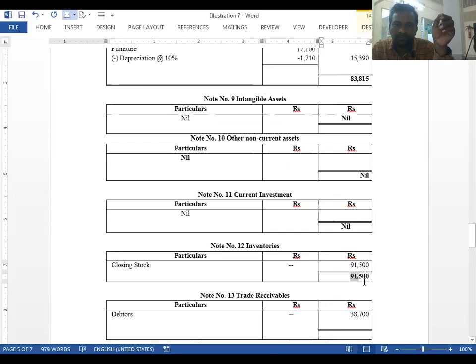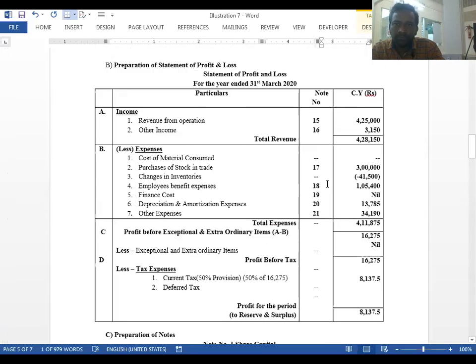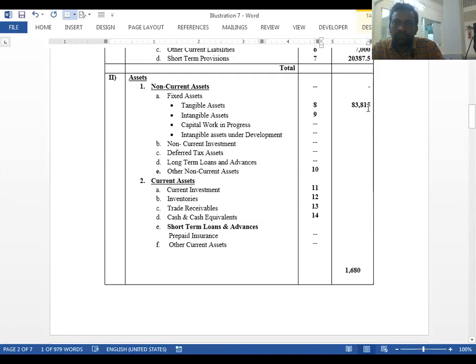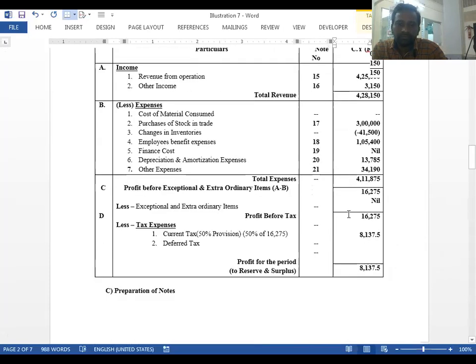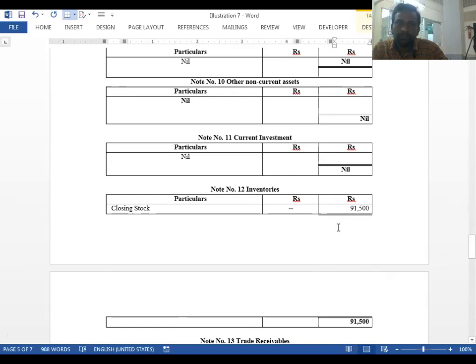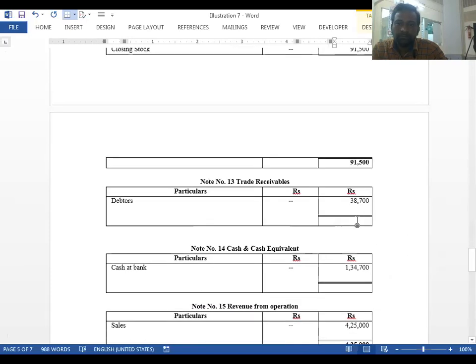So inventories is 91,500. Current investment also nil. Then trade receivable 38,700.